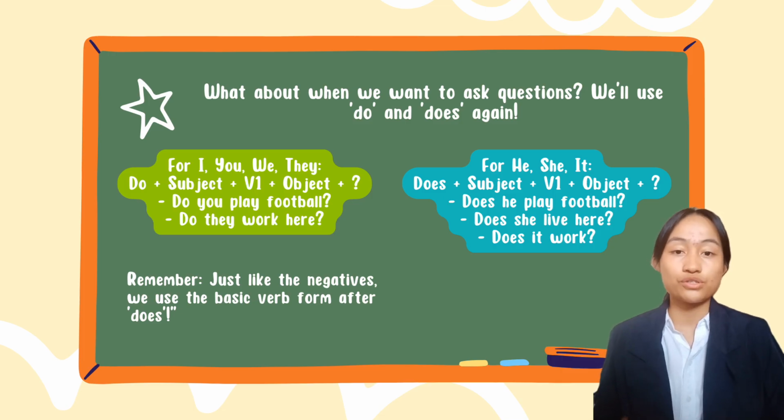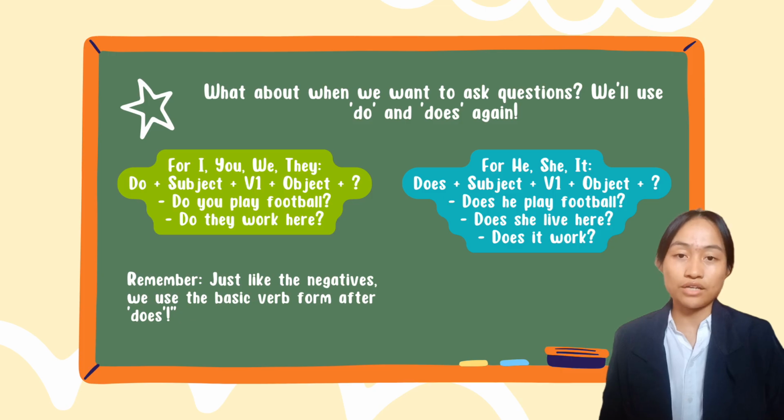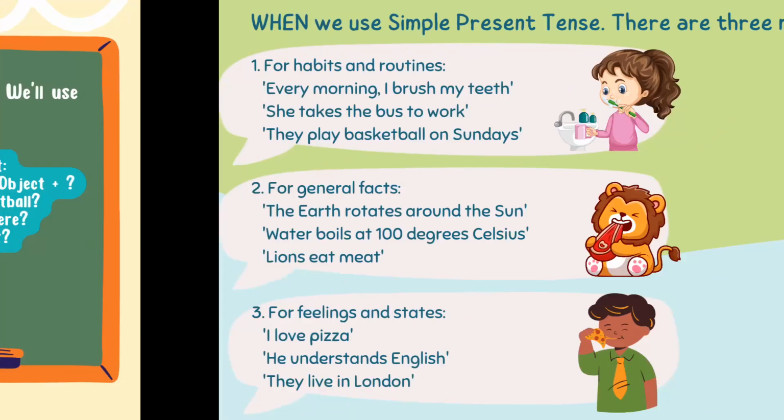For he, she, it, the formula is does plus subject plus verb 1 plus object. For example, does he play football? Does she live here? Does it work? Remember, just like with negatives, we use the basic verb form after does.